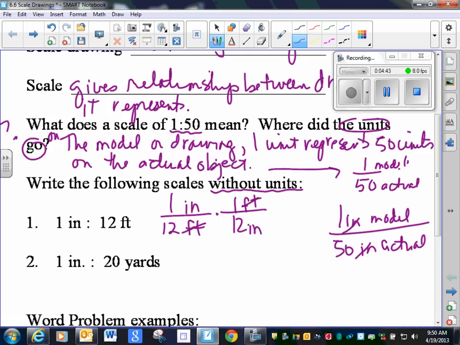Feet cancel, and we end up with 1 to 144, and those are inches. They cancel also. And now we've rewritten this particular scale, 1 to 144, without units.